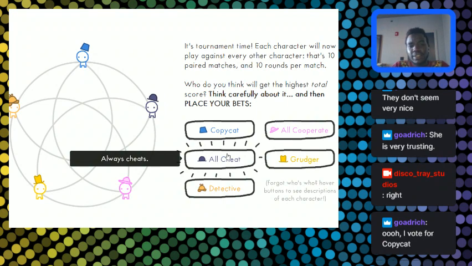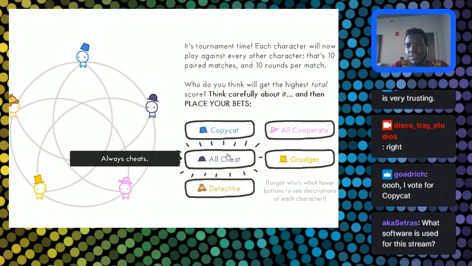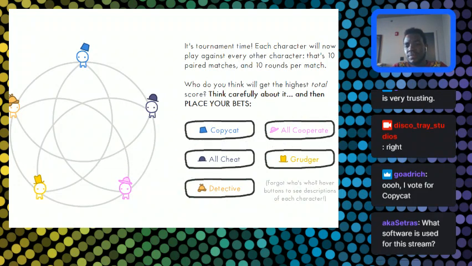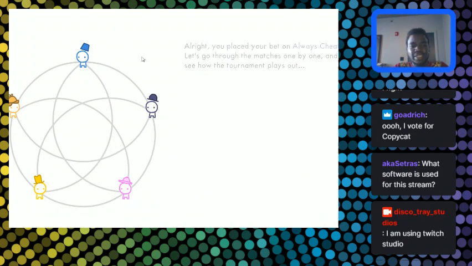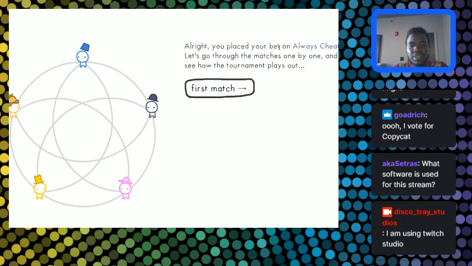You can only gain things. So what is going to be the pick? I guess let me just try Detective just for the sake of gaining the highest. Place the bets: always cheat.